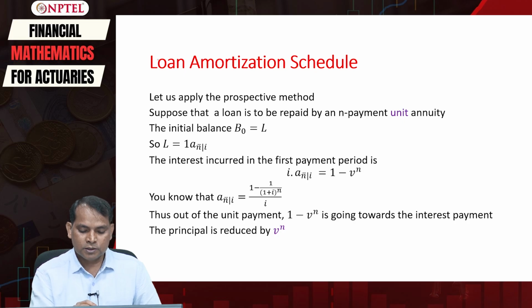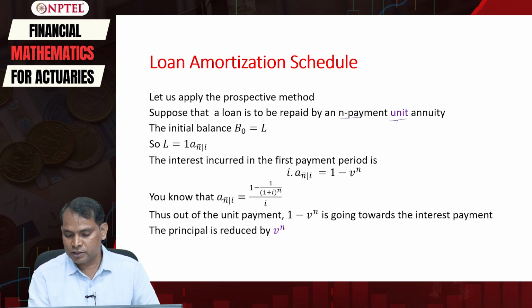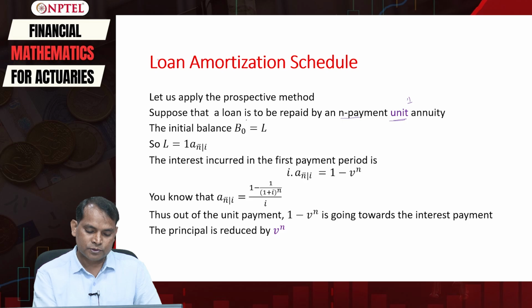Here, suppose that a loan is to be repaid by an n-payment unit annuity. Unit, we will assume 1, so the installment amount will become 1. The initial balance, that is B0, sometimes we will write as the outstanding balance OB0, which is equal to L, which is also equal to A, and this can also be a angle n at i.